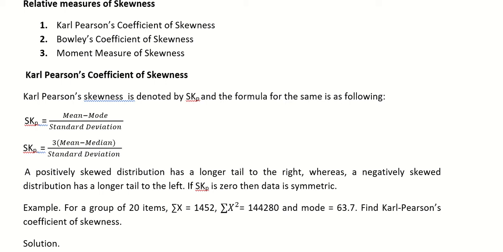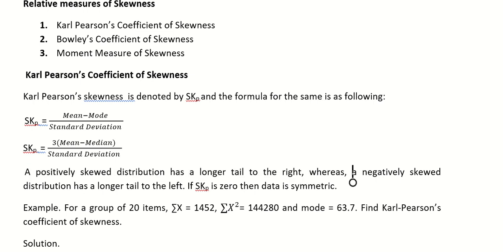So what does it mean? At times the value is positive or maybe negative. What do positive, negative and zero values of skewness indicate? A positively skewed distribution has a longer tail to the right. So if the answer of SKP is positive, it means the data is skewed to the right.